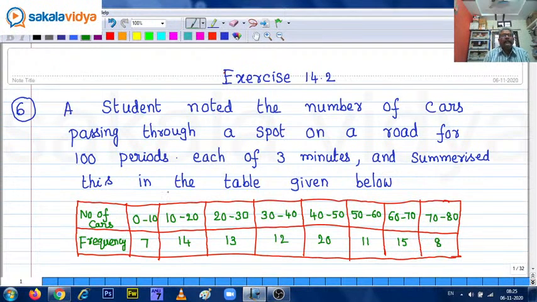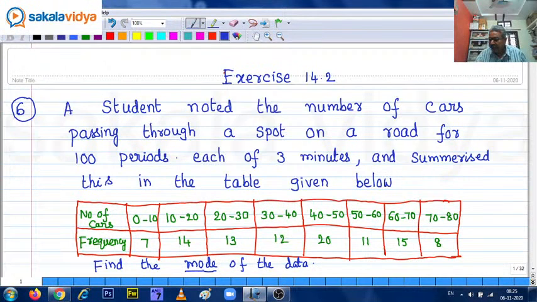Next, find the mode of the data. That means we need to find the mode of the above data.